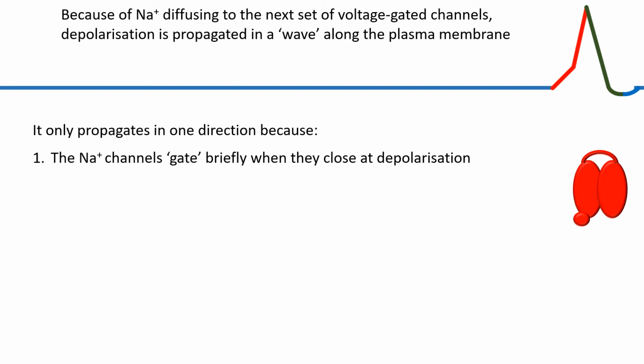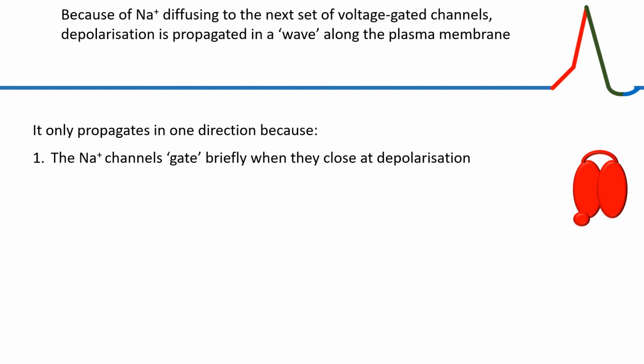It only propagates in one direction because of what we said about the sodium gates. The sodium channels, when they close at plus 40 at depolarization, also gate. So there you can see they've got a little cap on.